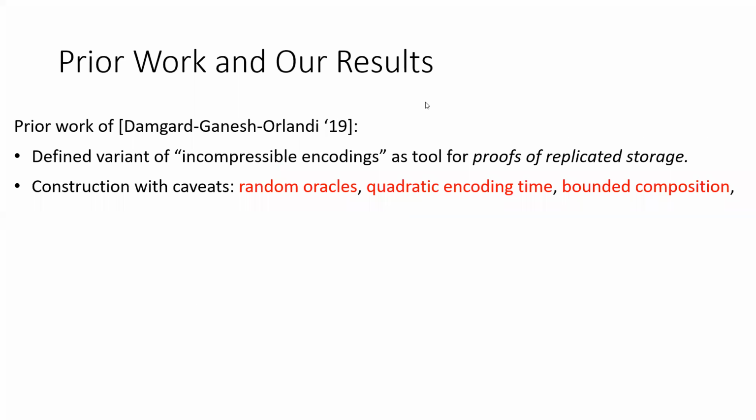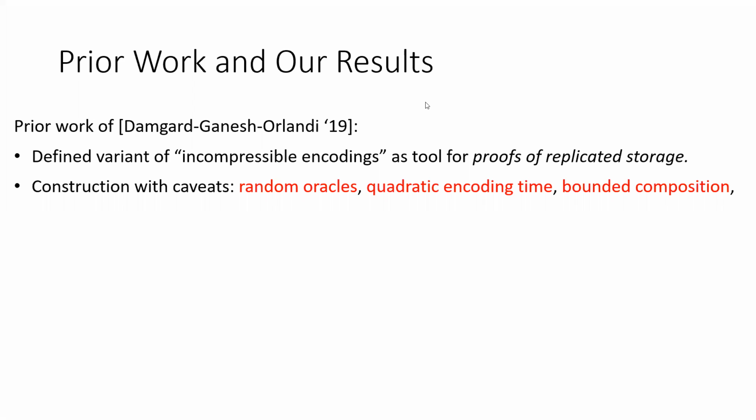Okay, so let me say a little about this notion of incompressible encodings, its history, how it appeared in prior work and what our results are about. There's a prior work of Damgård, Ganesh and Orlandi from Crypto 2019 that essentially defined this notion or a small variant of it.